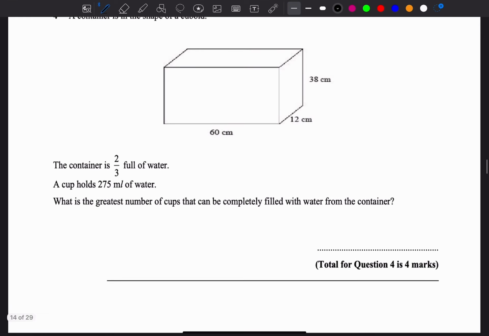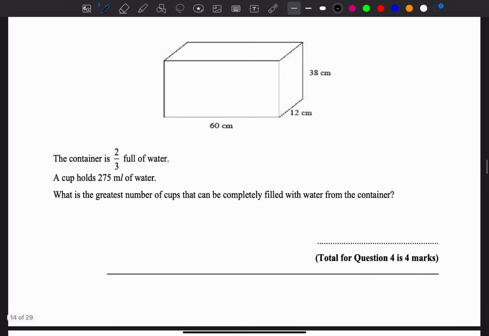Greatest number of cups that can be filled in a container. So what is the volume of this container? You can do it in centimeters, right? That's fine. 60 times 12 times 38, but remember the container is only 2/3 full, so times it by 2/3 as well. Which is 18,240.